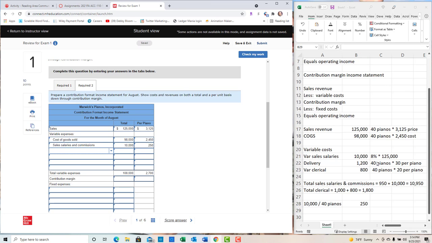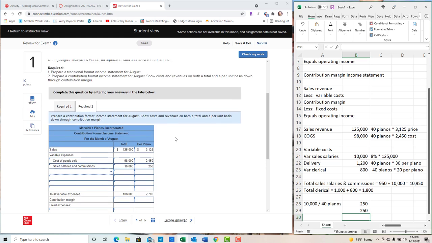Another way that we could calculate it is that we know that it's 8% of the sales. So it would also be 8% of the selling price. So if I took 8% and I multiplied that by $3,125, I would get the same $250. So either way you look at it, you just need to be able to calculate the $250.